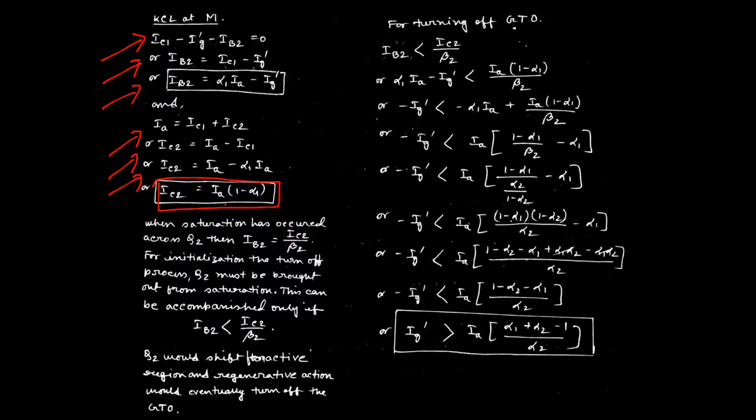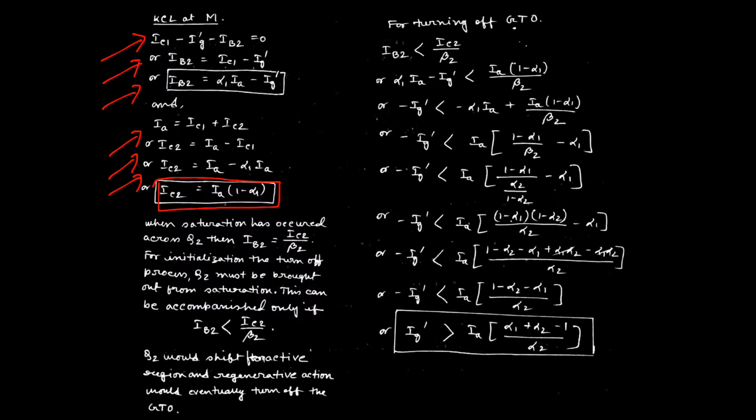That means when the device is in conducting state, all the majority carriers are in moving condition. This type of phenomenon is called saturation. That is why we can say under the saturation case or conduction state, IB2 equals IC2 by beta 2. But whenever we try to switch off the device, beta 2 should be less than saturation.